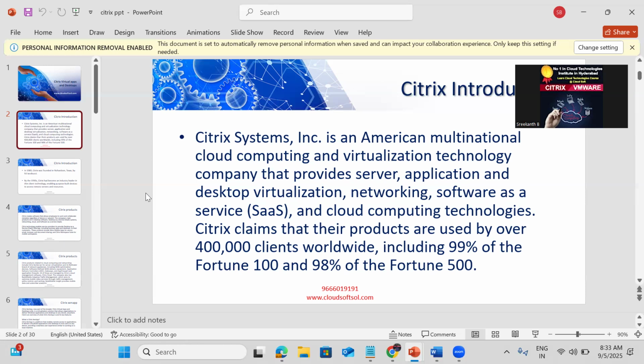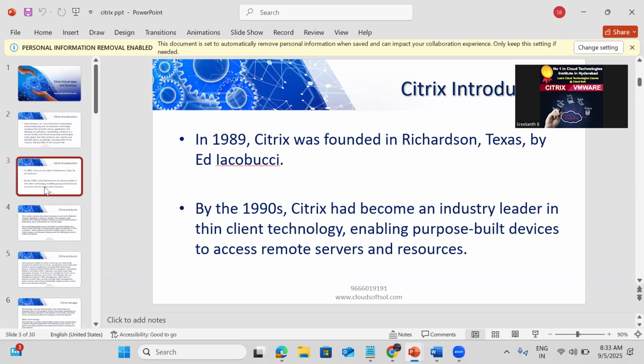Okay, so what is Citrix? Citrix mostly provides virtualization: app virtualization, desktop virtualization, application virtualization, and networking. All these we have. Citrix was started in 1989.